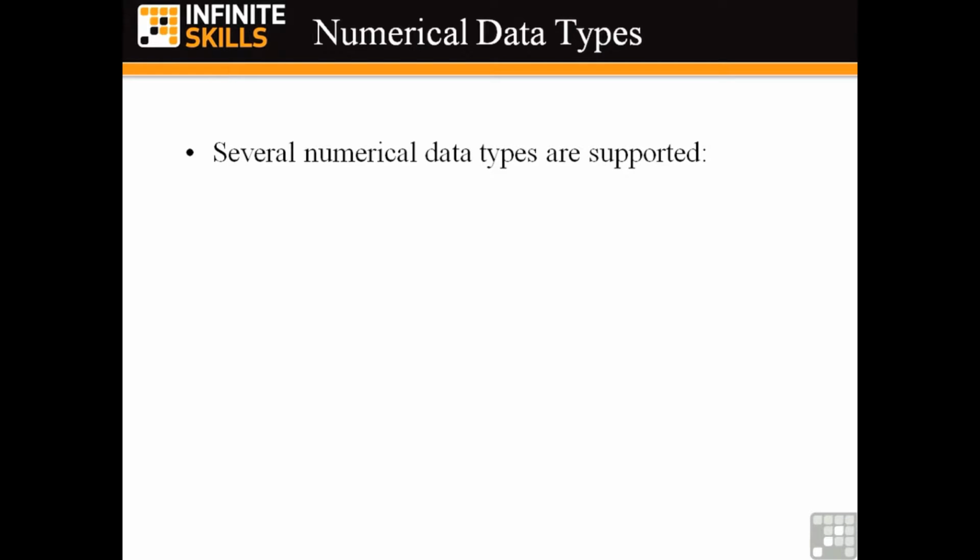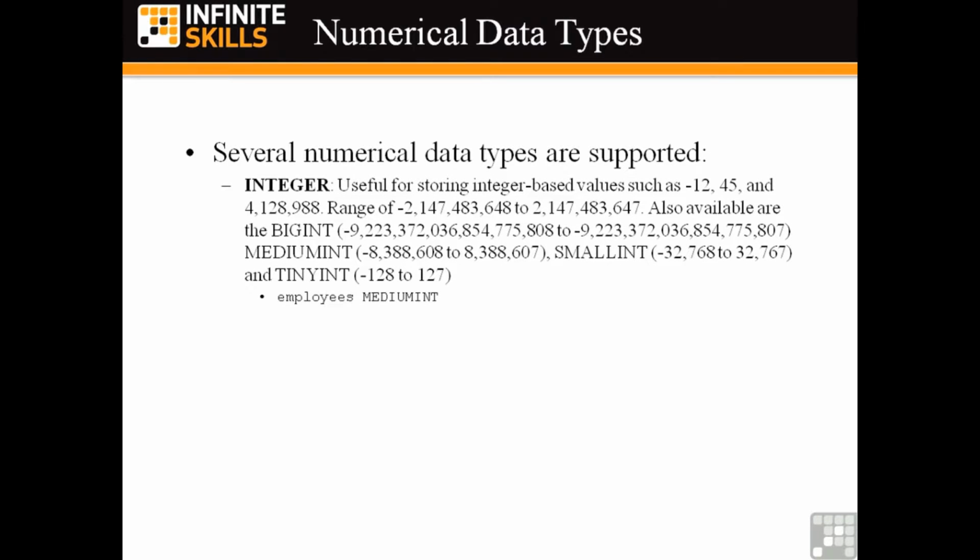You've already been acquainted with the integer type because we used it in the customers table to store the employee count. However, using the integer type for this sort of data is likely overkill because it supports a range of integer values between roughly -2 billion and +2 billion.